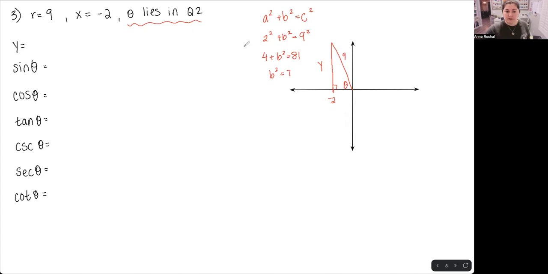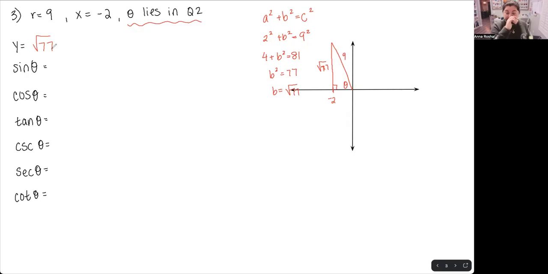Nope, 77. And then I guess b or y is the square root of 77, which is so gross. Let's put that in there. It's a weird looking 7. Okay, so we know that y is square root of 77.